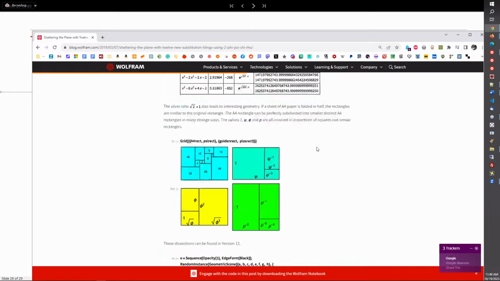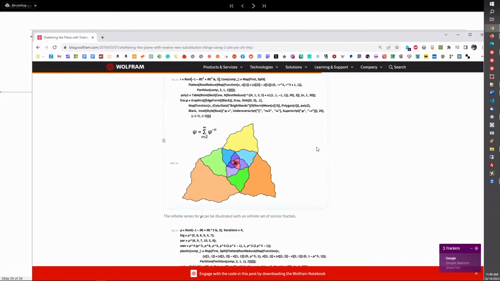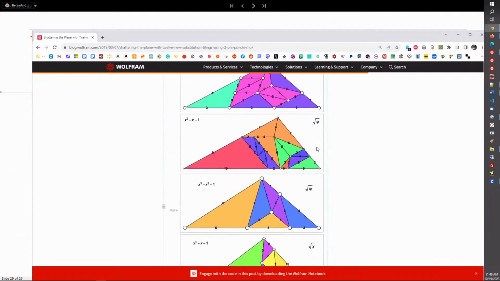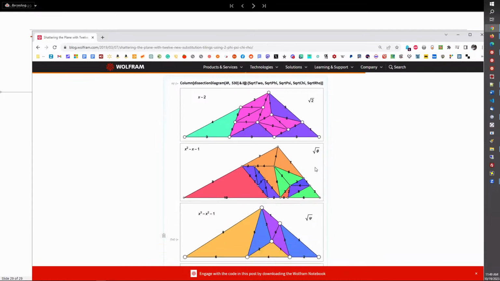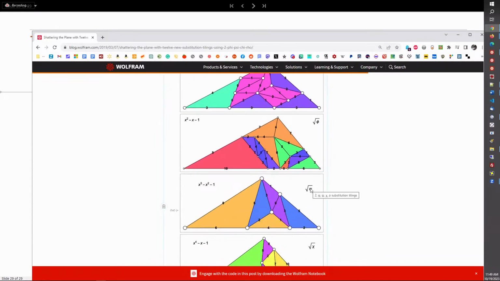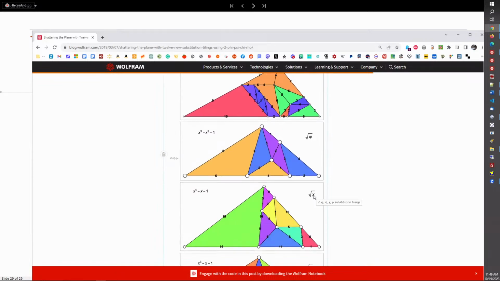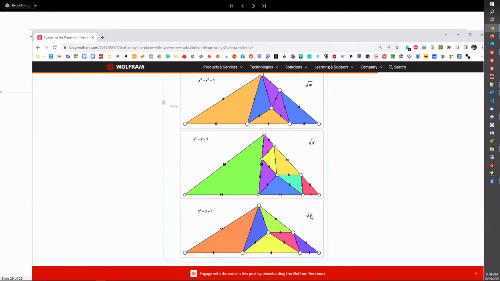Shattering the plane is what you'd want to look for. And here are 5 space filling triangles that were unknown. Each is generated by similar copies of itself. One is based on 2, one is based on the golden ratio, one is based on the super golden ratio, one is based on the chi constant, and one is based on the plastic constant.